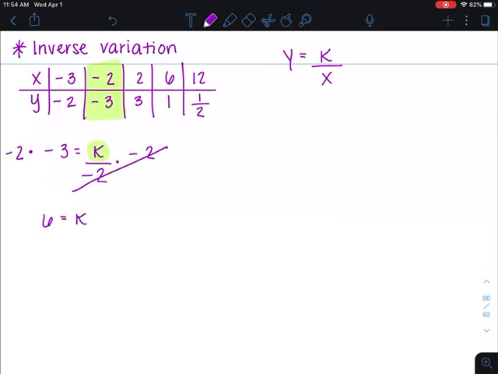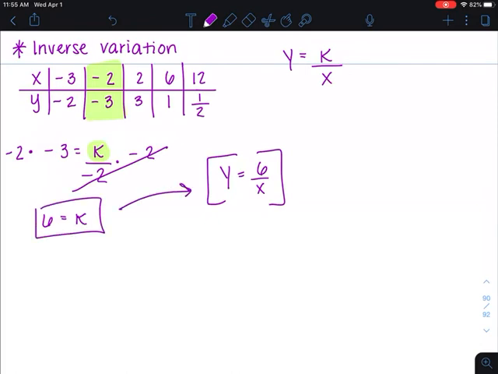These -2's will cancel, so I have +6 is equal to k. And now that I know k is equal to 6, you want to write the general equation for inverse variation with 6 substituted for k. So I'm going to put that y is equal to 6 over x. So you need this information to get you to your final answer.